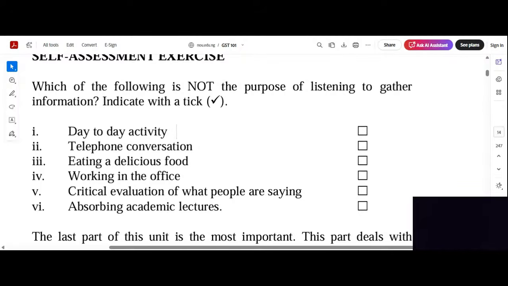Okay, quite a lot of people are choosing eating delicious food as the one that is not the purpose of listening. Okay, you are right. I think you are right about that. But is it only eating a delicious food that is not a purpose of listening to gather information among the listed options?